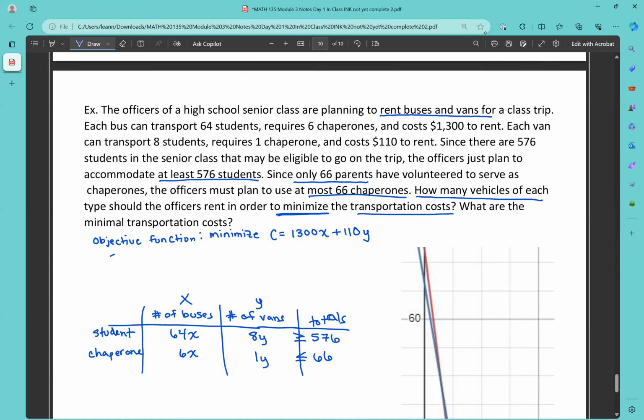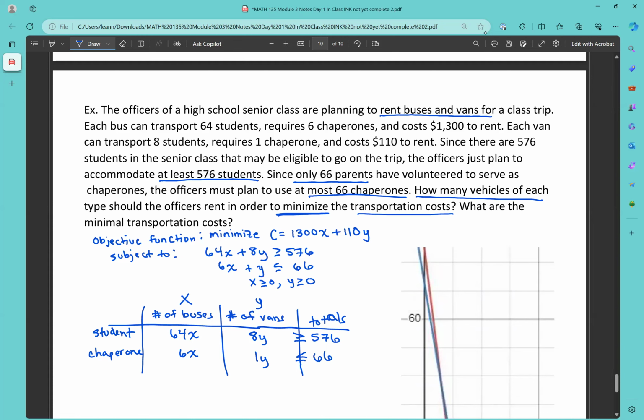So now we can come up here and say our objective function is subject to the following inequalities. 64x plus 8y needs to be greater than or equal to 576. And 6x plus y needs to be less than or equal to 66. And we have the two facts. Remember that x has to be greater than or equal to 0 and y has to be greater than or equal to 0. We can't have a negative amount of buses or a negative amount of vans.